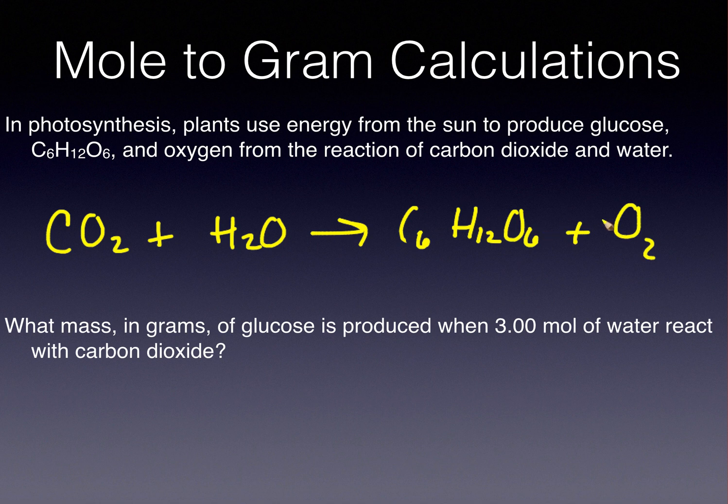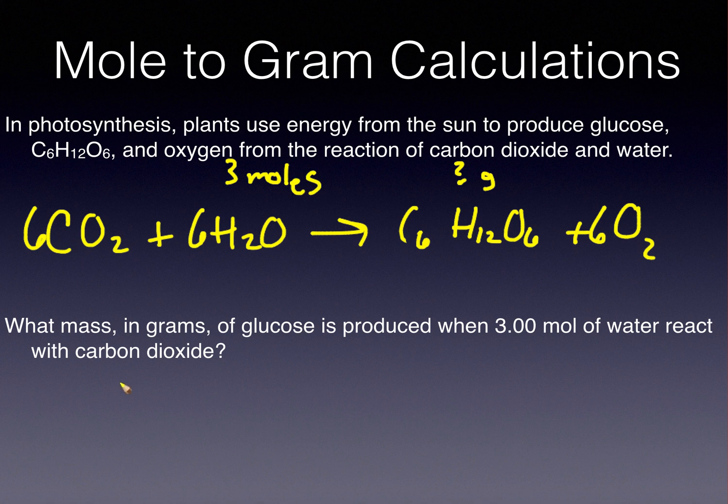Now we need to make sure we balance this. Okay, so the question says, what is the mass in grams of glucose produced from 3 moles of water when it reacts with carbon dioxide?